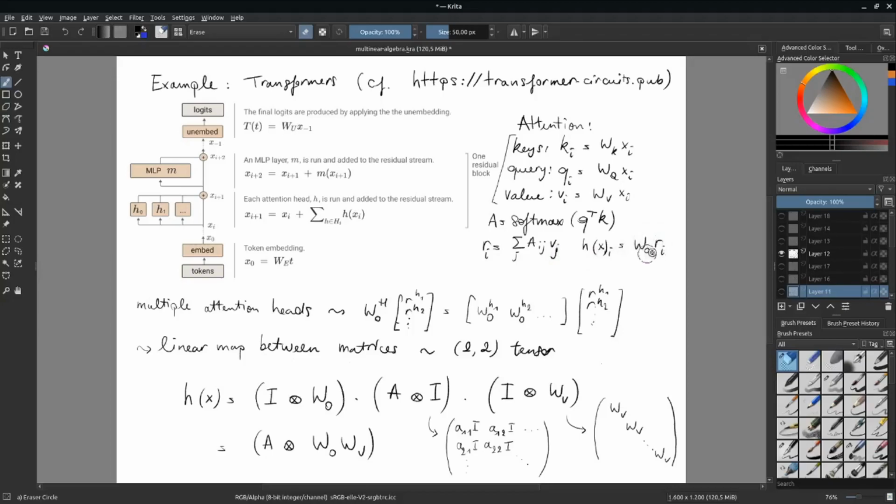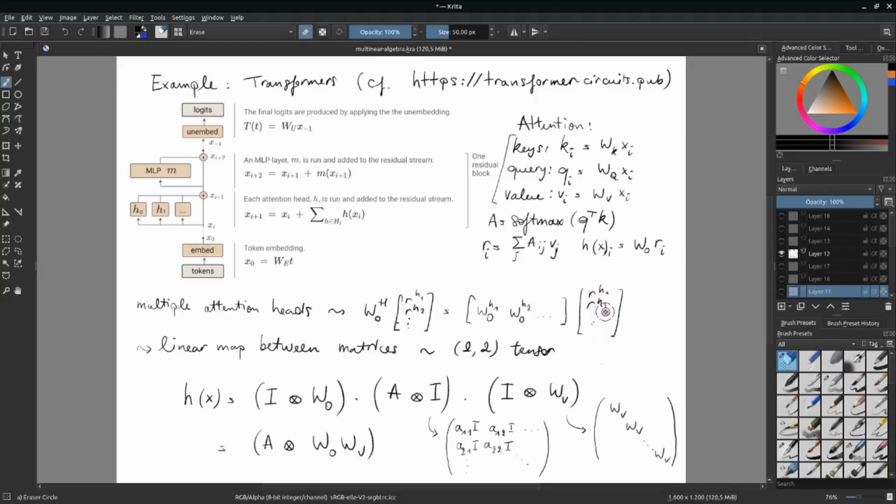Then at the end, I run it through some output matrix to go back to the residual stream. But usually we have multiple attention heads, and so typically people just write this big matrix W_O for the heads by simply concatenating the individual matrices and multiplying with the result vectors.